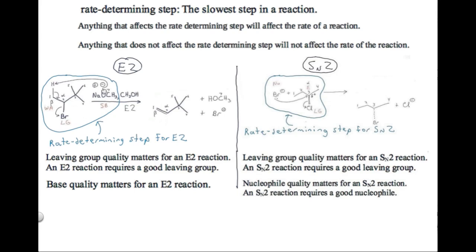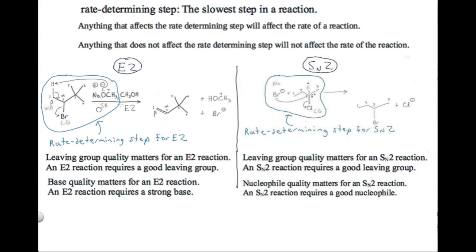Because the base participates in the rate-determining step for E2. Since the base participates in the single rate-determining step for E2, the quality of the base affects the rate of the E2 reaction. So do you think that an E2 reaction requires a strong base? Yes, E2 requires a strong base. Justification: because the base participates in the rate-determining step for E2.